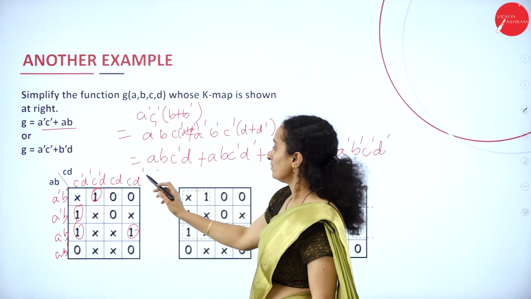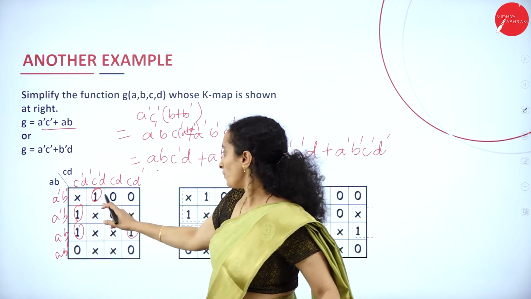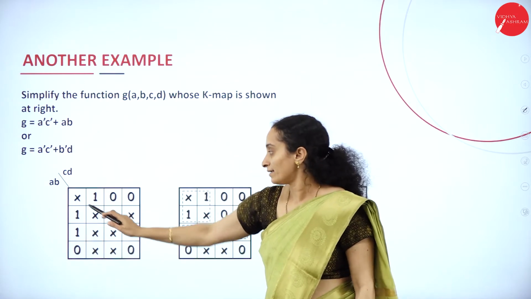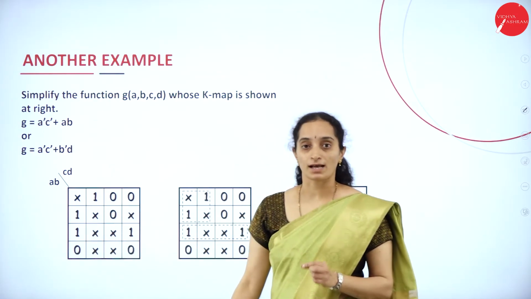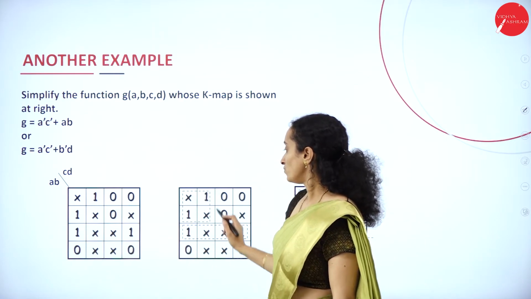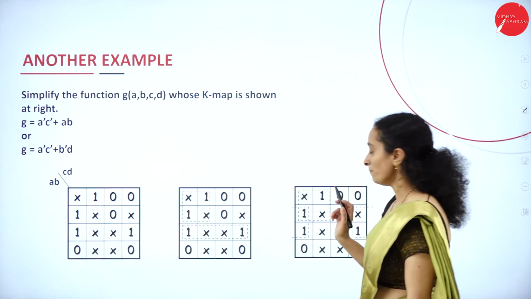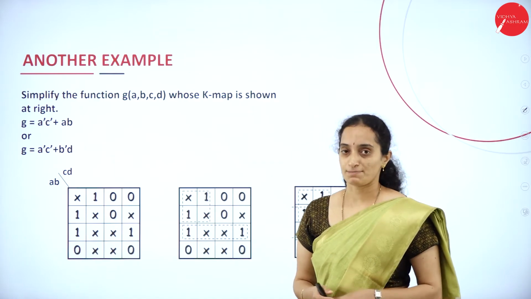So you'll get the expression once in these 4 conditions. Now there are 6 or 7 cells which are unfilled. You can use these don't care conditions to group the expression and simplify.